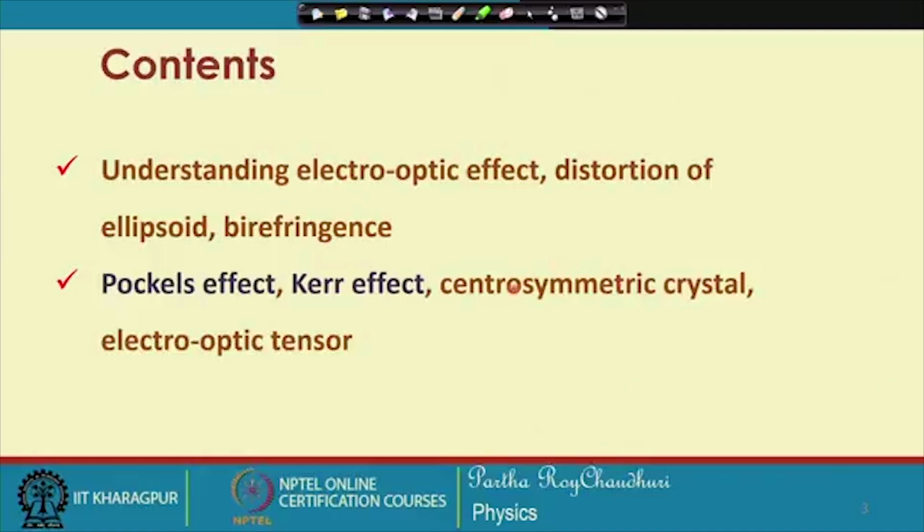We will look at a certain class of crystals, centrosymmetric crystal, which will remain unaffected as regards this Pockels effect, but will exhibit Kerr effect. Then we will look at the electro-optic tensor.